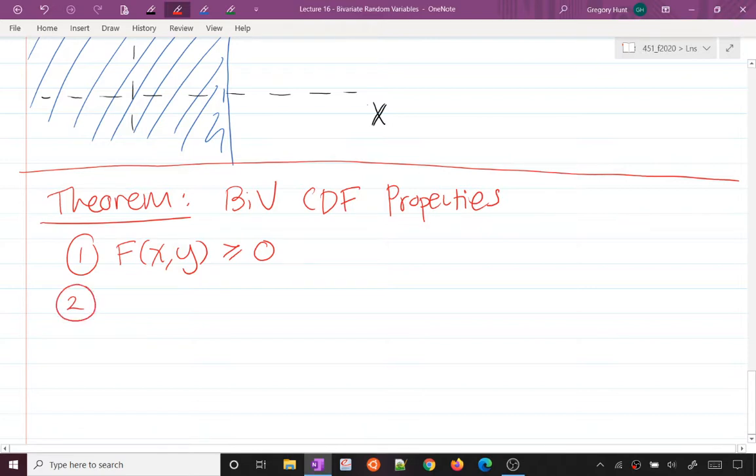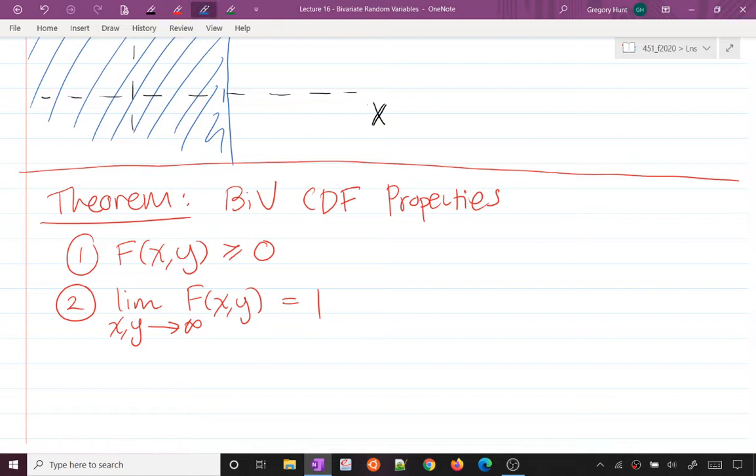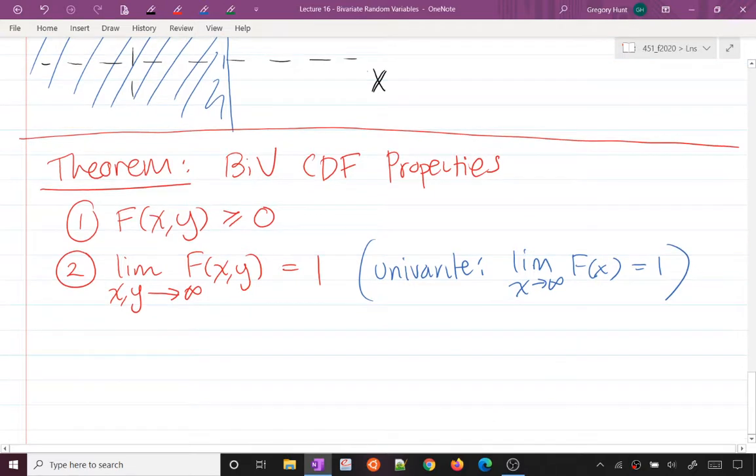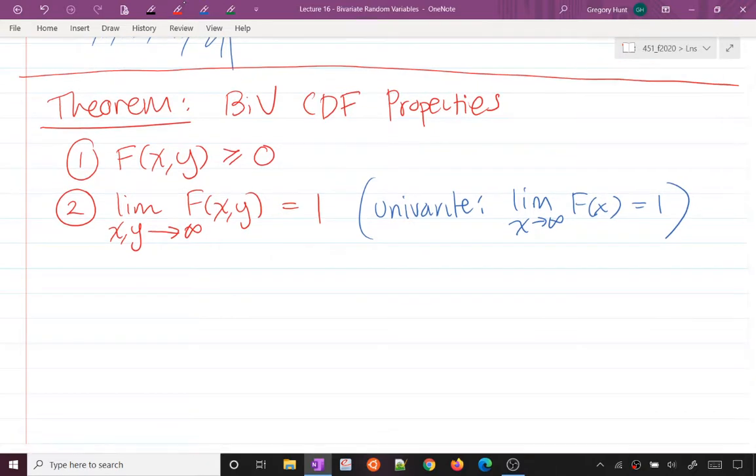Some other properties. In the univariate case, we had some limiting properties. In the bivariate case, if we look at the limit as both x and y go to infinity, we're going to get 1. So in the univariate case, the analogy was that the limit as x goes to infinity of that univariate CDF gave us 1. And similarly in the bivariate case, if we send both variables to infinity, we get 1.